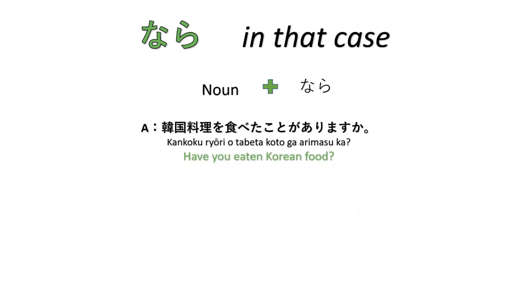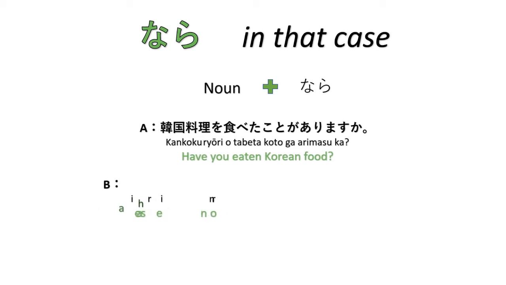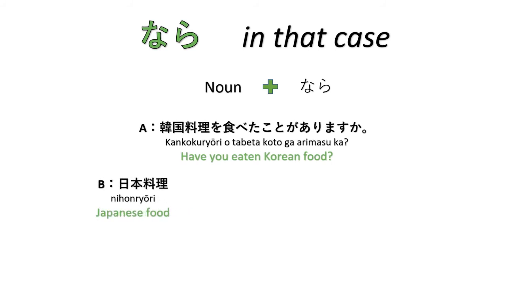Another example, Kankoku ryori o tabeta koto ga arimasu ka? Have you eaten Korean food? So we have these basic answers. Hai, arimasu. Iie, arimasen. Yes, I have. No, I haven't. Now, what if instead of Korean food, I have already eaten Japanese food?